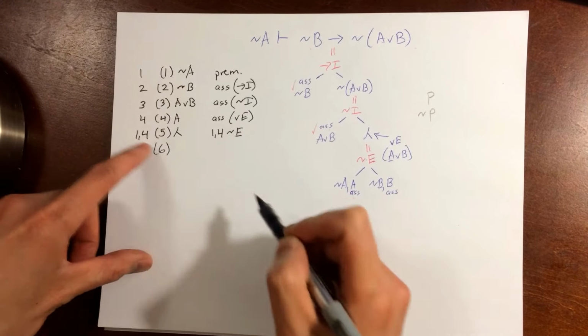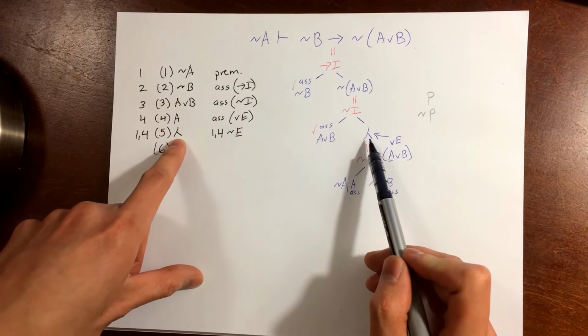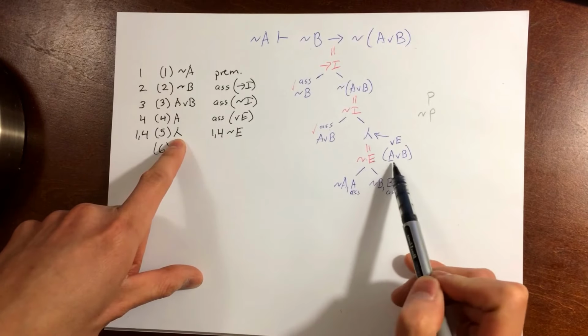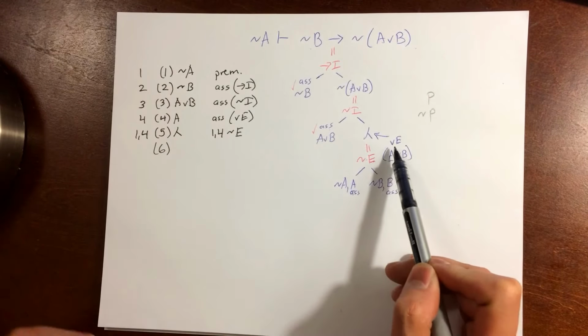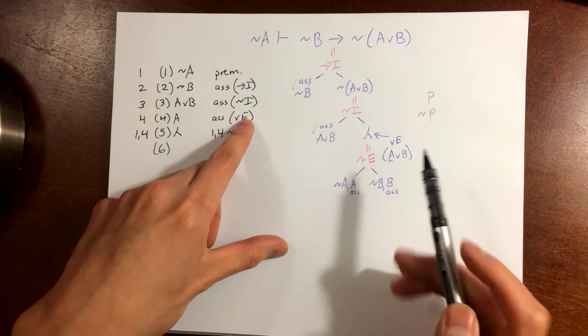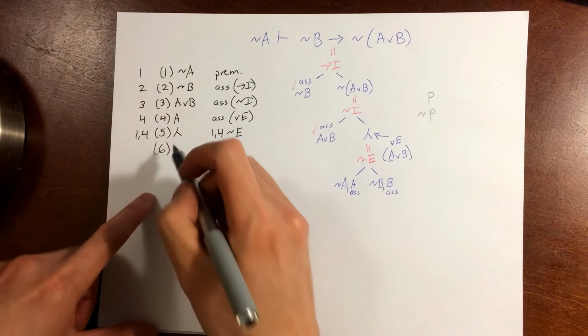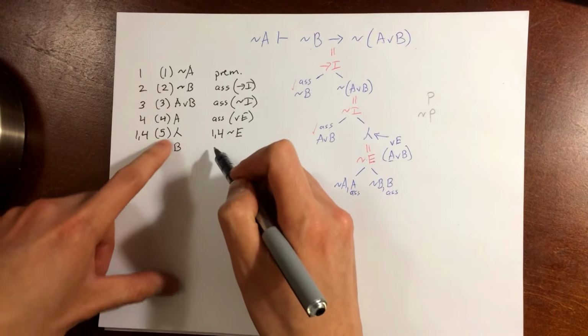Then on line 6, we've gotten our lambda, but we don't move on yet because, like the little note says, we have to use or elimination to get rid of this assumption. So that means we have to assume the other side and also try to create the lambda again.